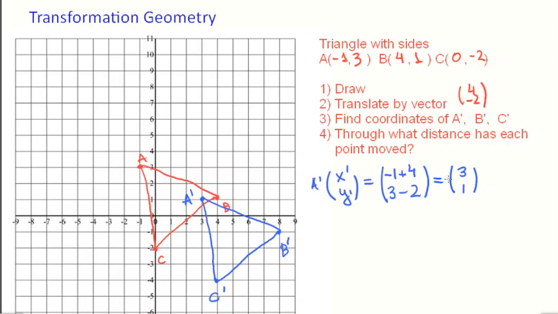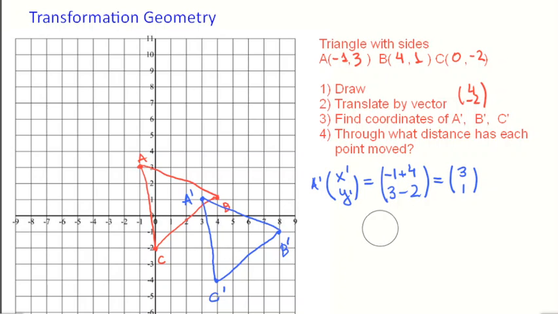The only thing is that we were asked to draw. So the coordinates of points A prime, B prime, and C prime. B prime we could just calculate, but we have the points there. So B prime now is (8, -1). If you notice, 4 plus 4 is 8, and 1 minus 2 is -1. And C prime, what are the coordinates? Oh, this is not a nice way to represent a point.